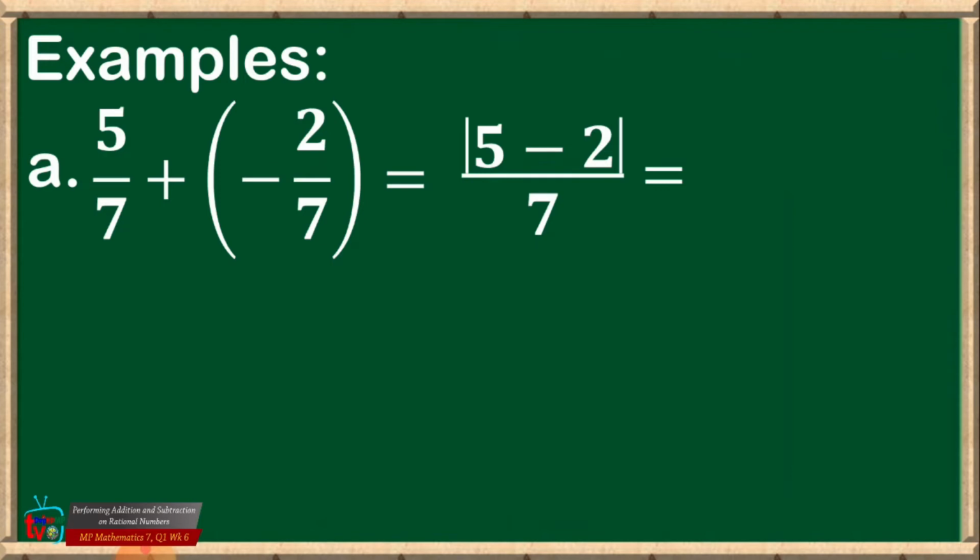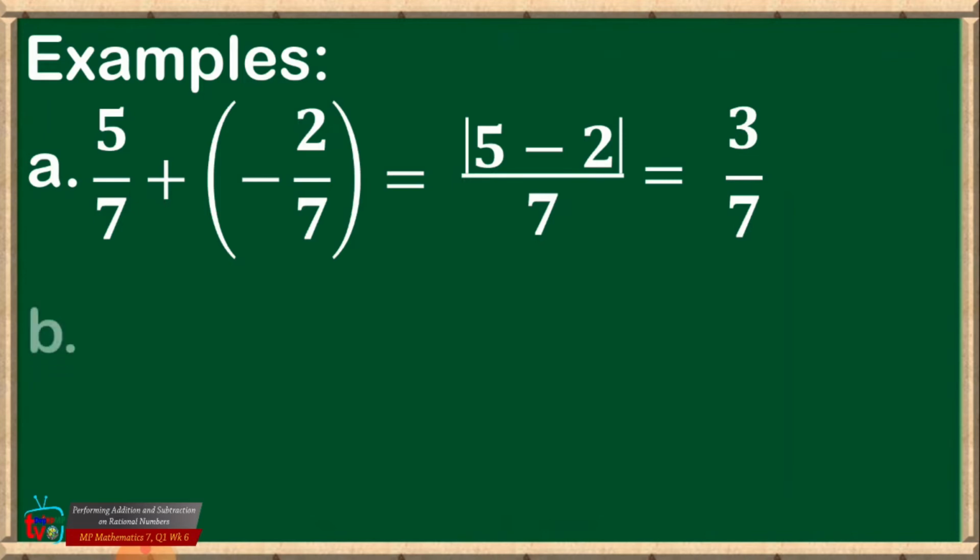So 5 minus 2 is equal to 3/7. Our answer here is positive because the fraction having the greater value, which is 5/7, is positive.